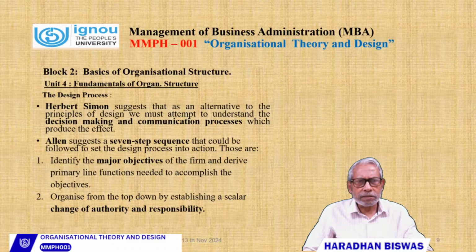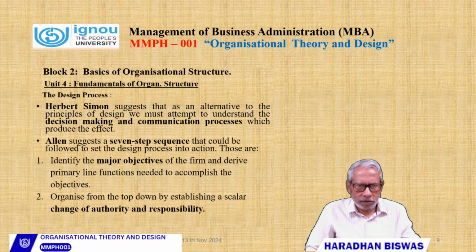So Allen suggests a 7-step sequence that could be followed to put the design process into action. First, identify the major objectives of the firm and derive the primary line functions needed to accomplish the objectives.